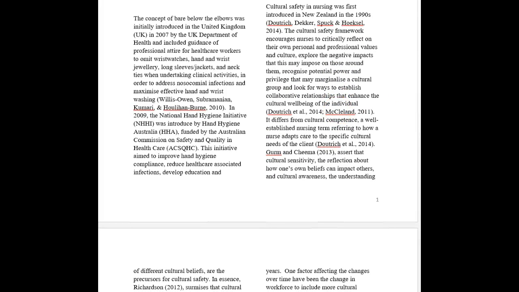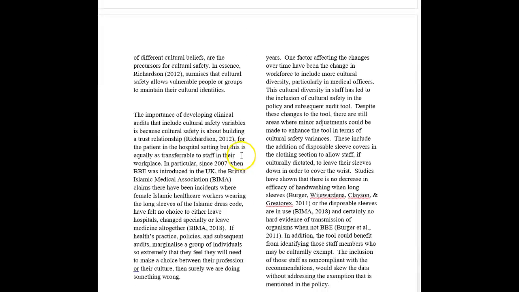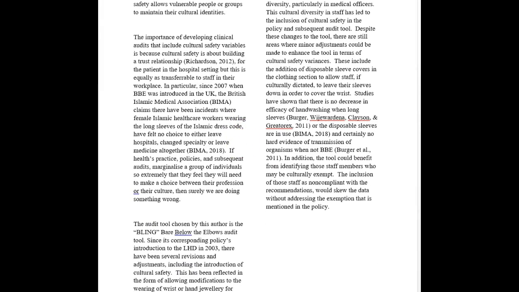So then the student goes on and discusses what cultural safety in nursing is all about, and gives a nice definition there to get us to think about what's important there. And you can see throughout this paragraph goes on to talk about that. So the student then, as part of the task, discusses the reason why it should be linked to cultural safety variables.